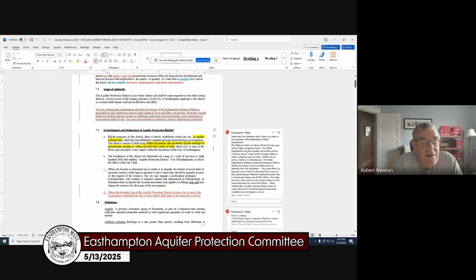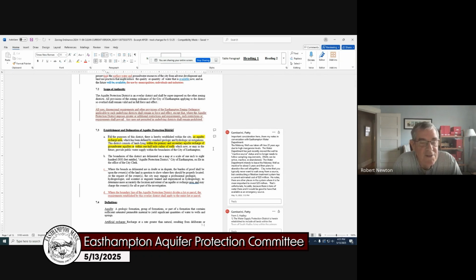I think that historically what happened was that it defaulted to the 1/2 mile until the modeling was done showing where the recharge actually occurred, and then that redefined it.